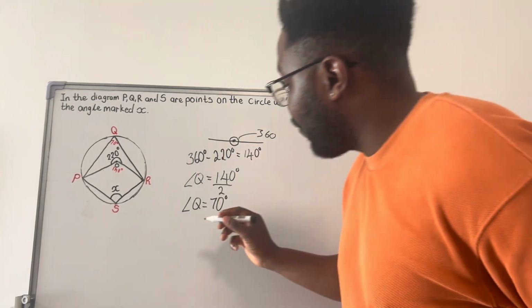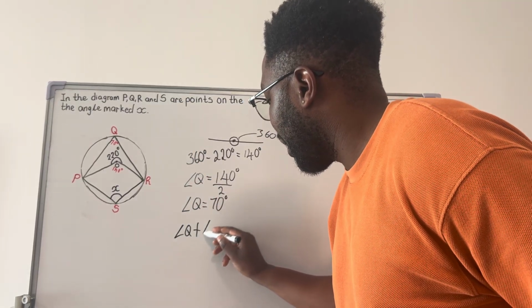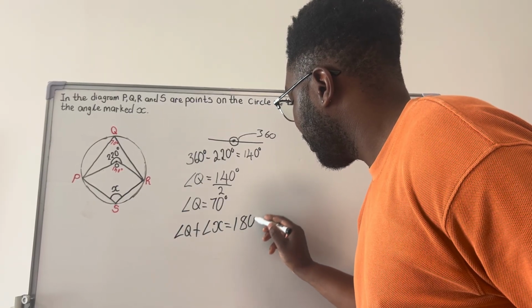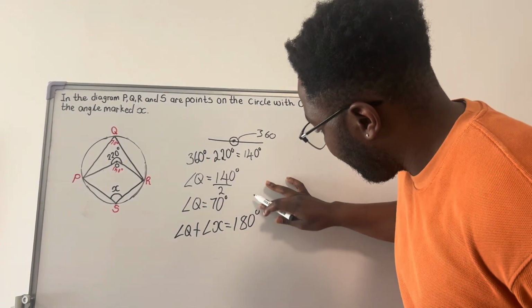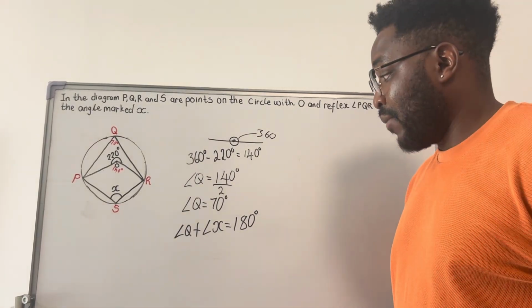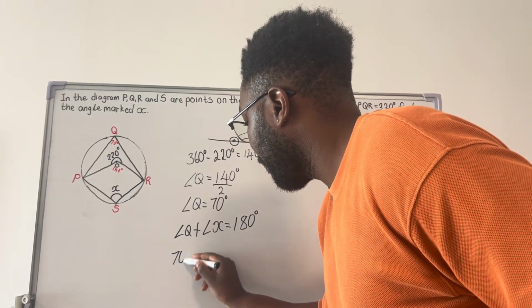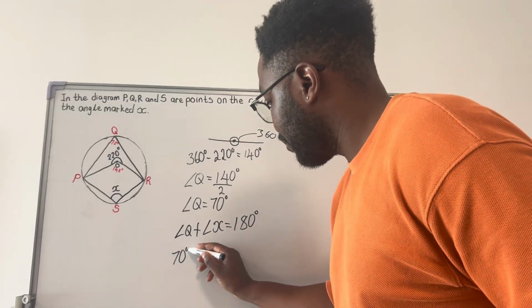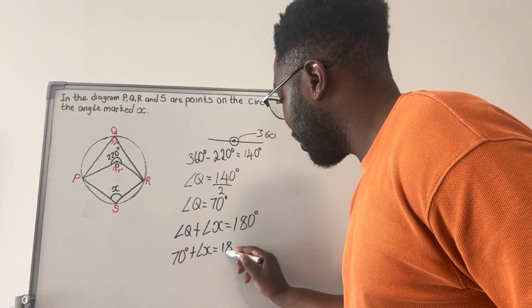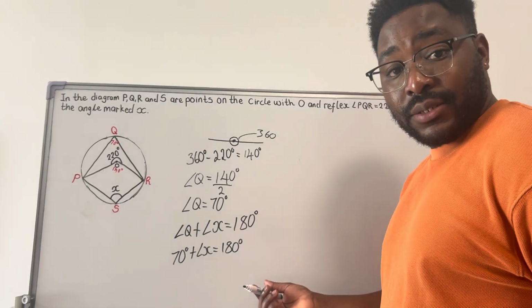All we have to do is add: angle Q plus angle X equals 180. And we know the value of angle Q is 70, plus angle X equals 180.